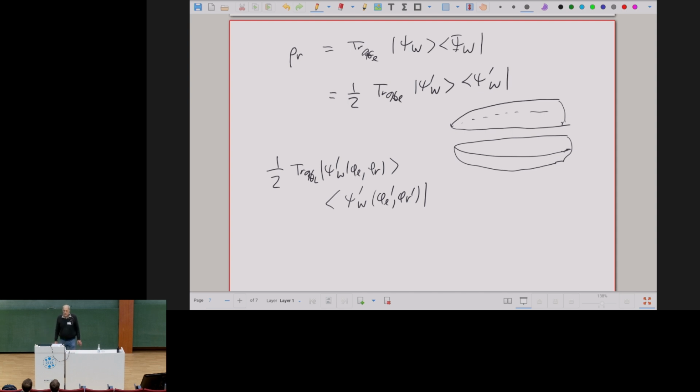To take the trace means we set phi left equals phi left prime and integrate. In terms of path integrals, that means we glue together this half with this half. And after gluing them together, we have a path integral on the whole Euclidean Schwarzschild space, just with a cut at t_E equals 0. No cut at t_E equals 4 pi.